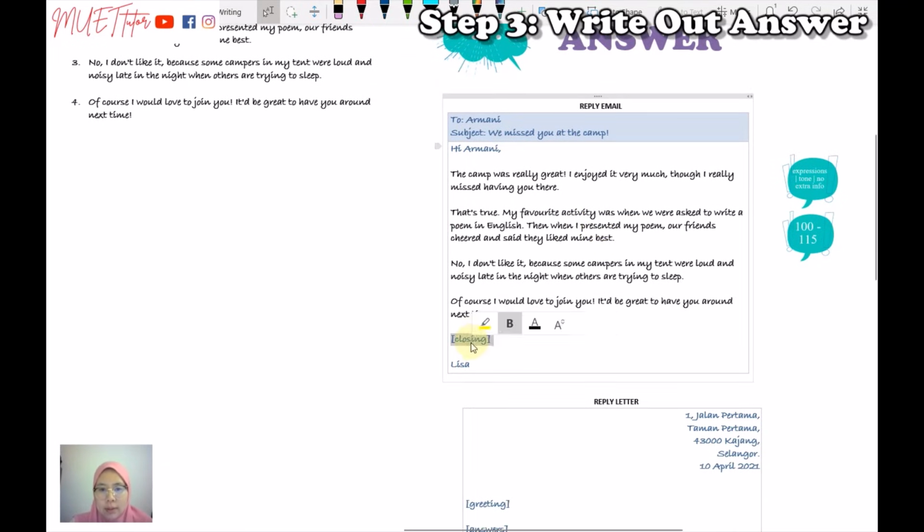Then to close this letter, you can write see you soon, or things like that. Yeah, let me change this to black. So this is an example, a sample answer for a reply email.